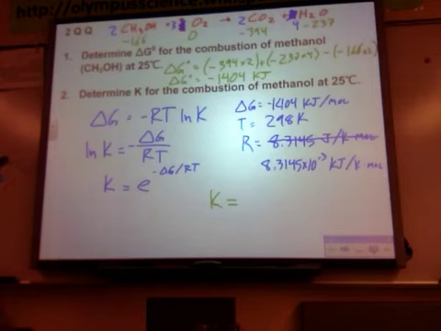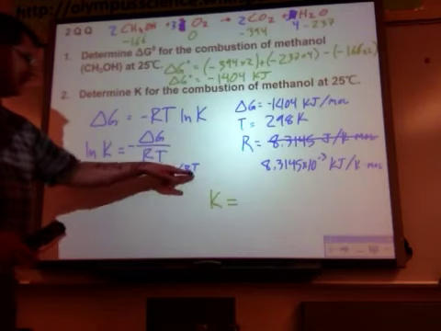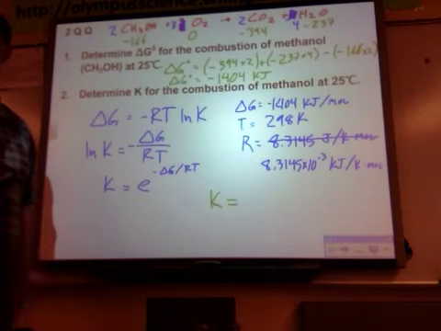So, let's see. 1404 divided by parentheses 298 times 0.0083145. So this part of it up here works out to 566 or thereabouts, right?